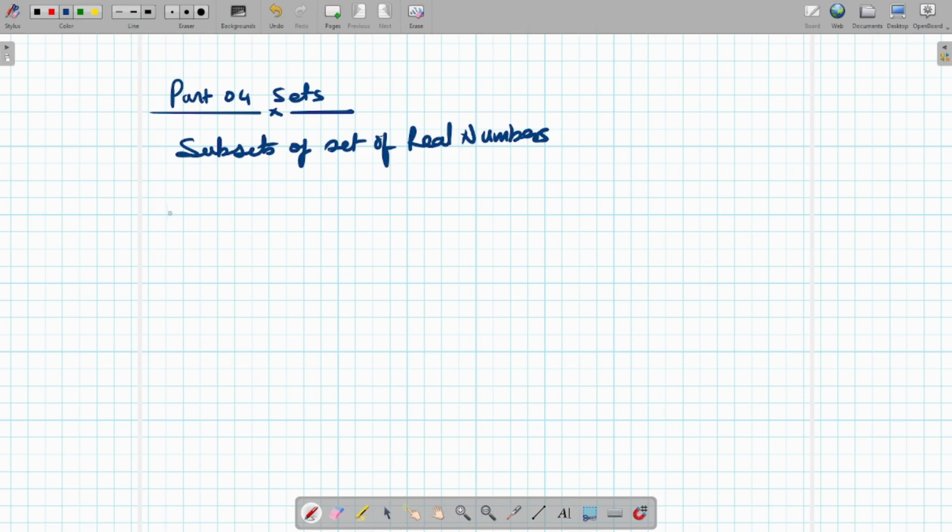So real numbers, if you see, here we call it R. So set of real numbers contains what all? It has the set of natural numbers called capital N, which is given as 1, 2, 3, 4, 5 and so on.